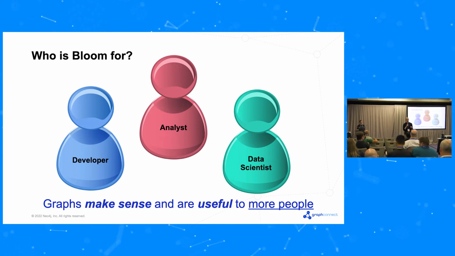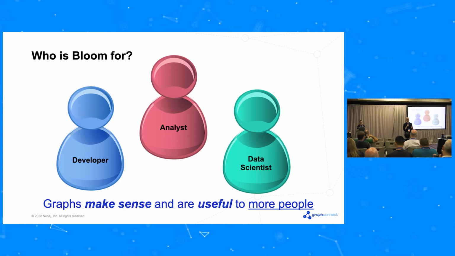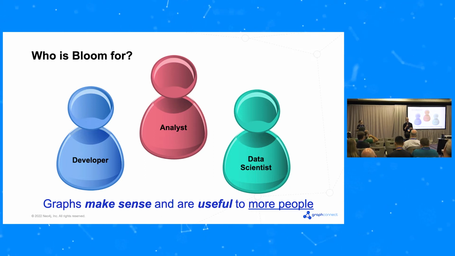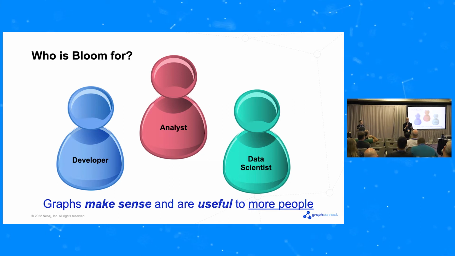But we can also help data scientists in the same way we help developers and analysts. They just want to have a look at the data, and with the new feature coming out hopefully next week in Bloom 2.3, they can even play around with different algorithms in a no-code, low-code way to see what they might want to do before they apply it to their entire graph using the Graph Data Science library, although we think that feature will be helpful directly for analysts as well.